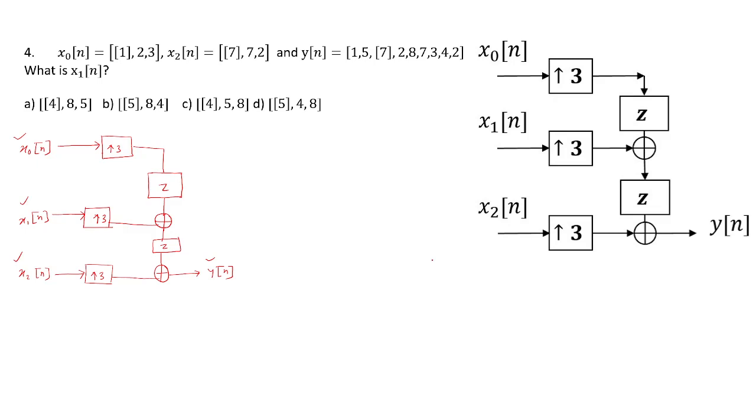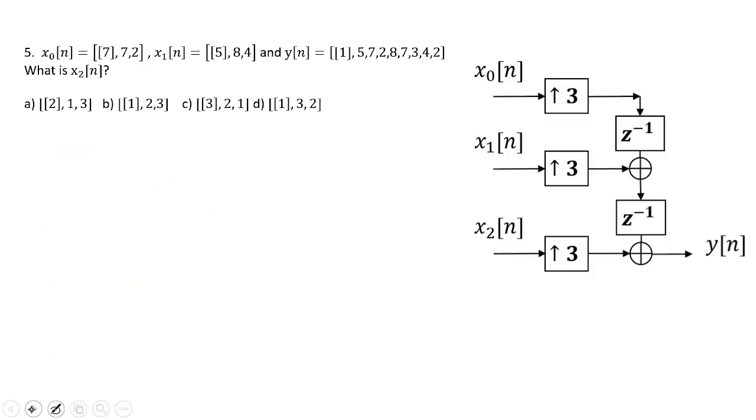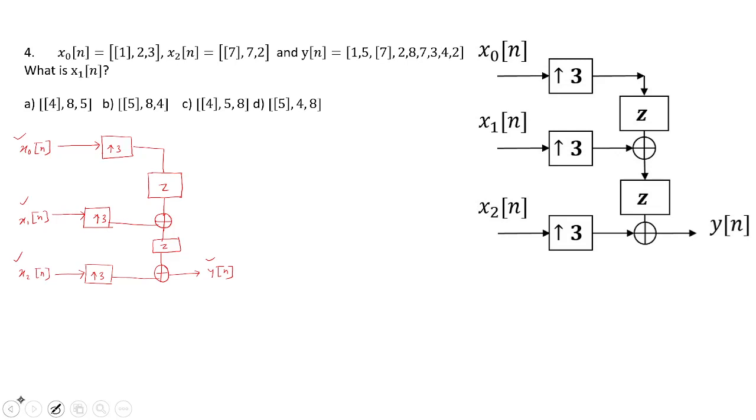So if you are careful here, you can see in this question you are given the input sequences x0 of n and x2 of n and the output y of n, and you are asked about the unknown sequence x1 of n. So let us denote x1 of n as some unknown values.